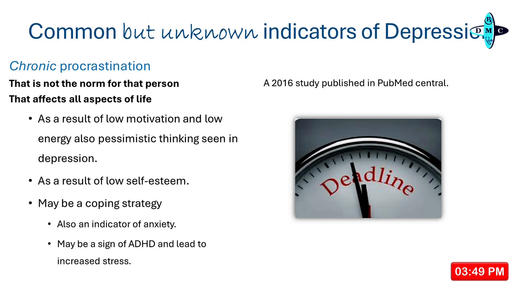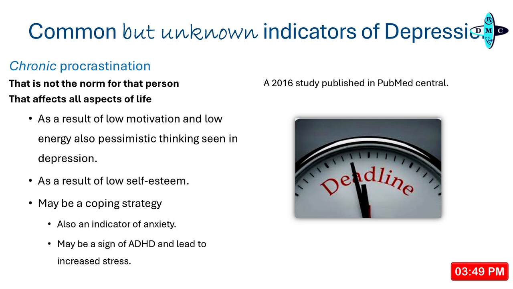So why would this be an indicator of depression? Because remember, we looked at the DSM-5 criteria. Loss of energy, difficulty with decision making, difficulty concentrating. When these things are put together, the result is I can't do it. And then you procrastinate. It's too much.